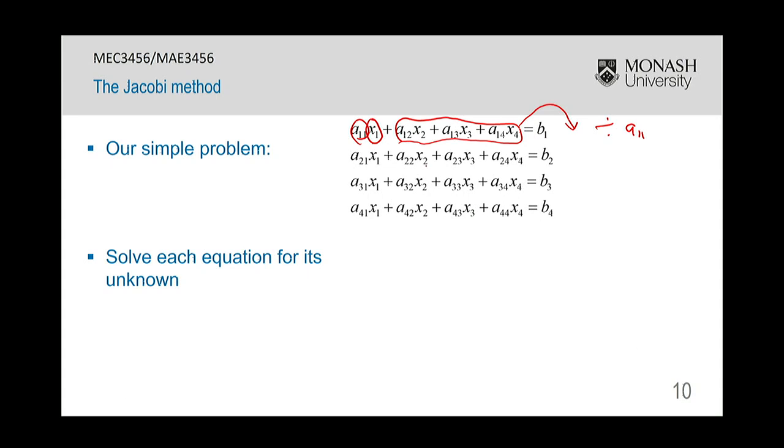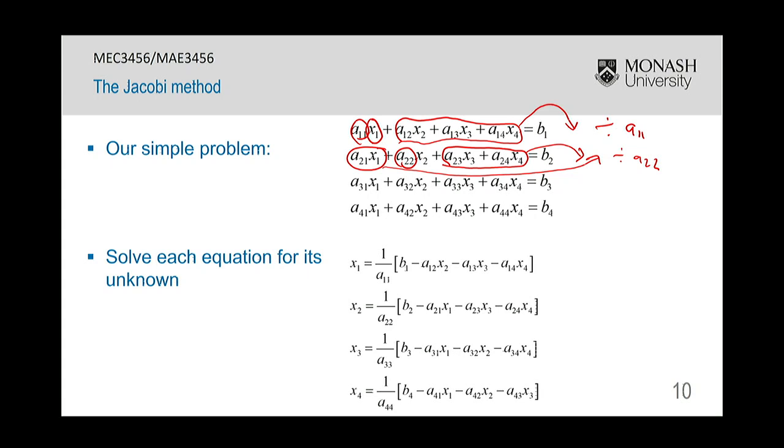For the second equation, we move these terms to the right hand side, and then divide by a22. So we end up with x1 equals something, x2 equals something, and those equations look like this. That's just a simple manipulation of the equations at the top.